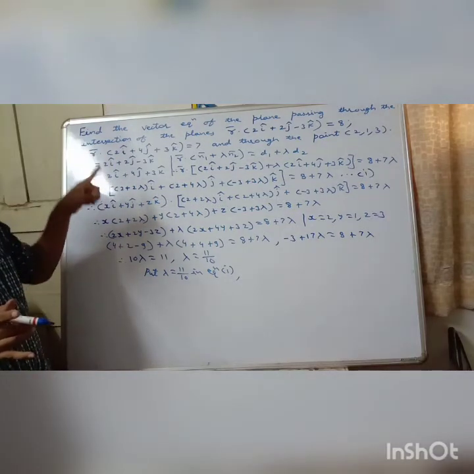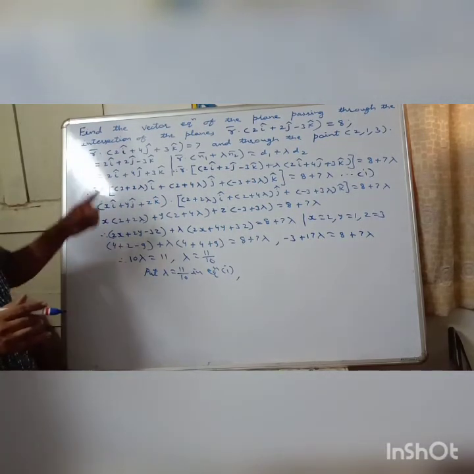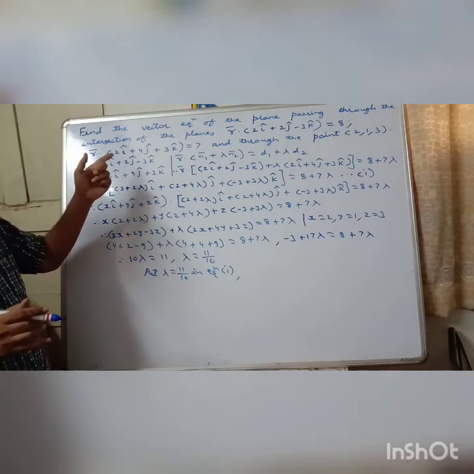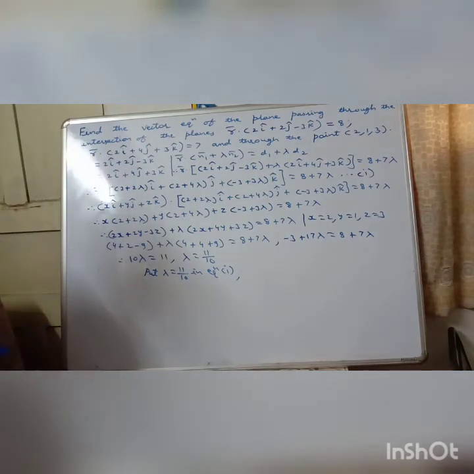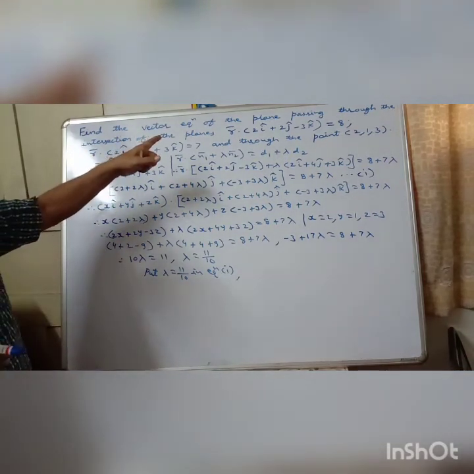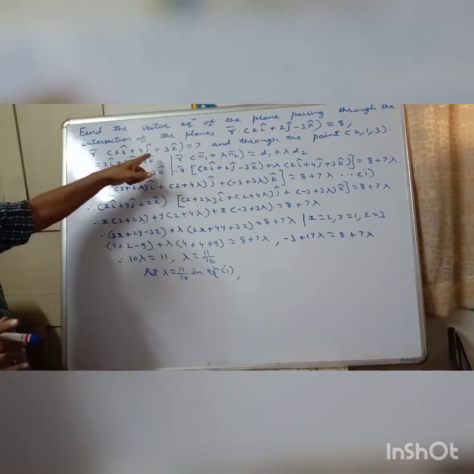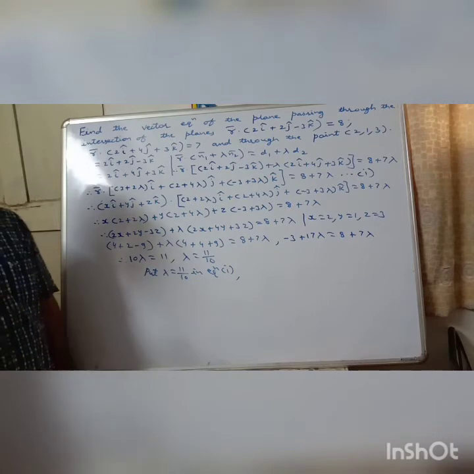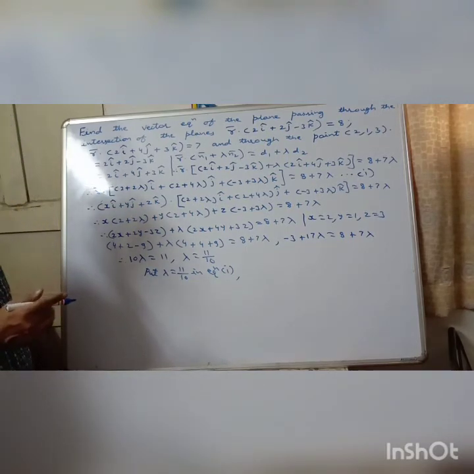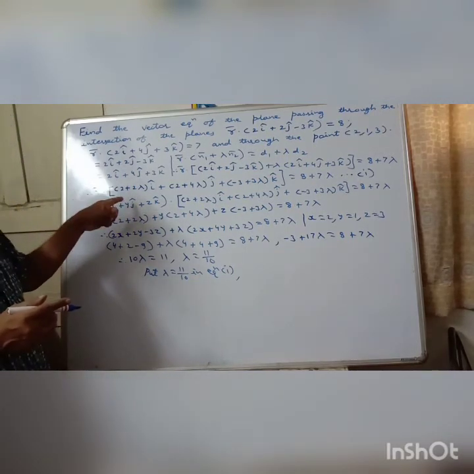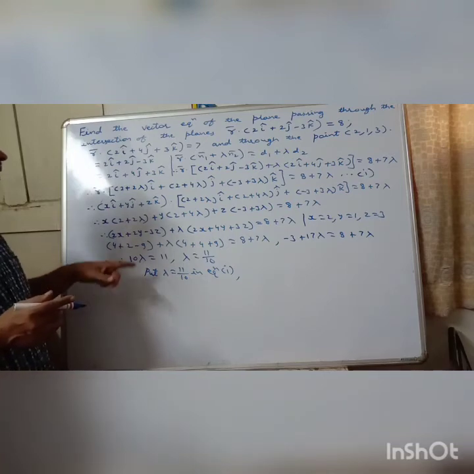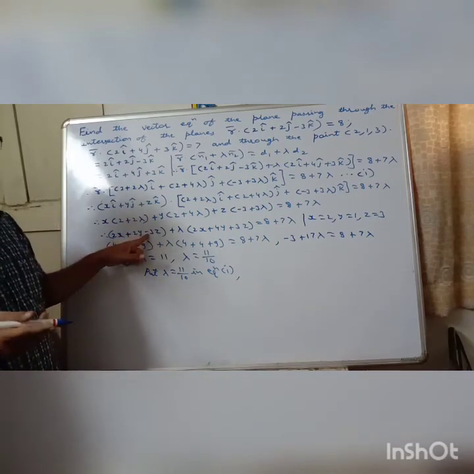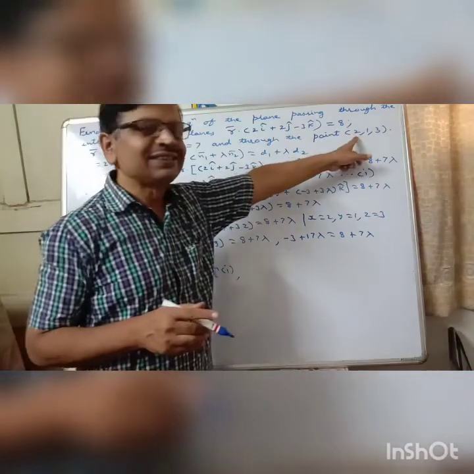So here equations of two planes are given in vector form, and we have to find equation of plane passing through their intersection in vector form also. Although we have to form equation of plane in vector form, here we have converted equation of plane into Cartesian form because we have to use this condition.